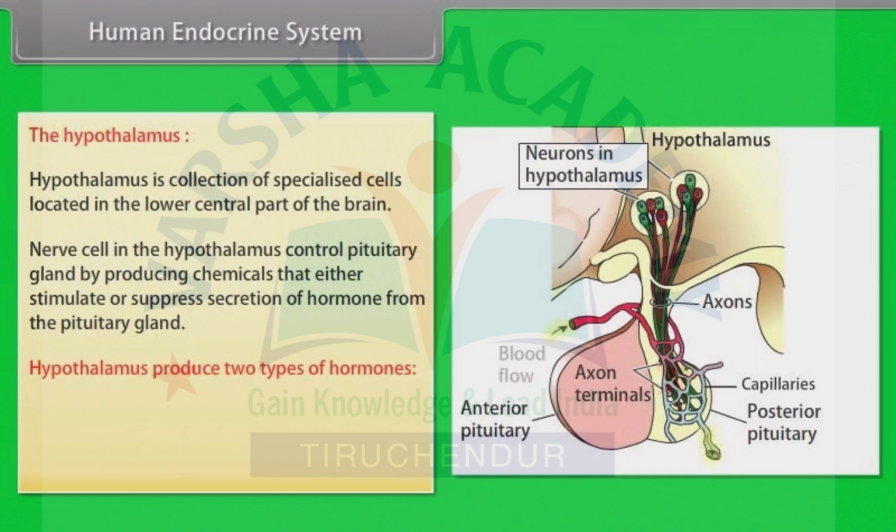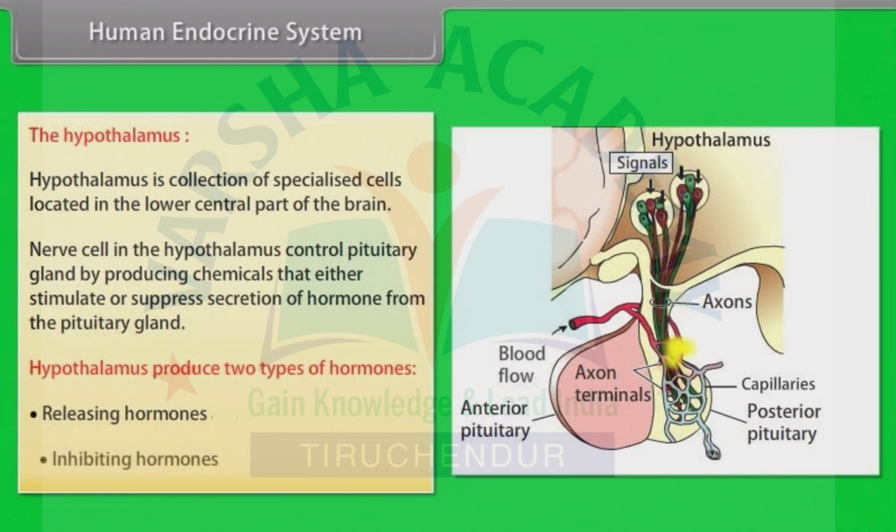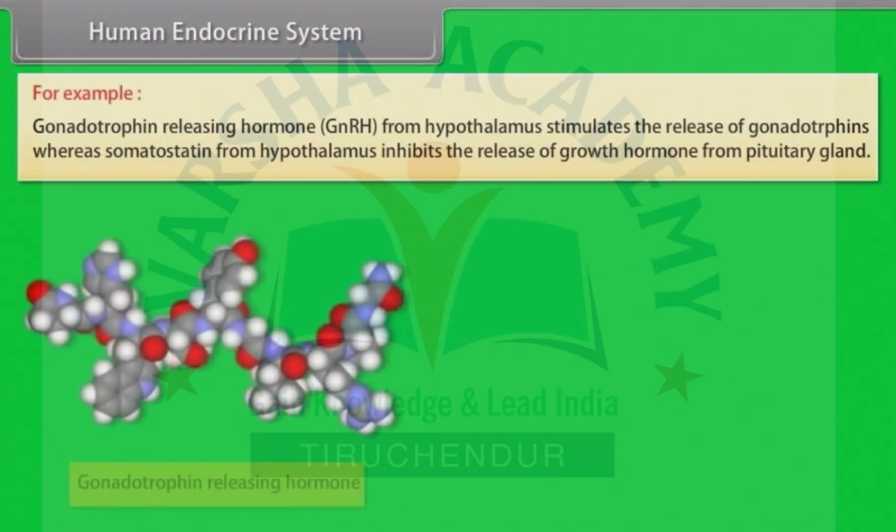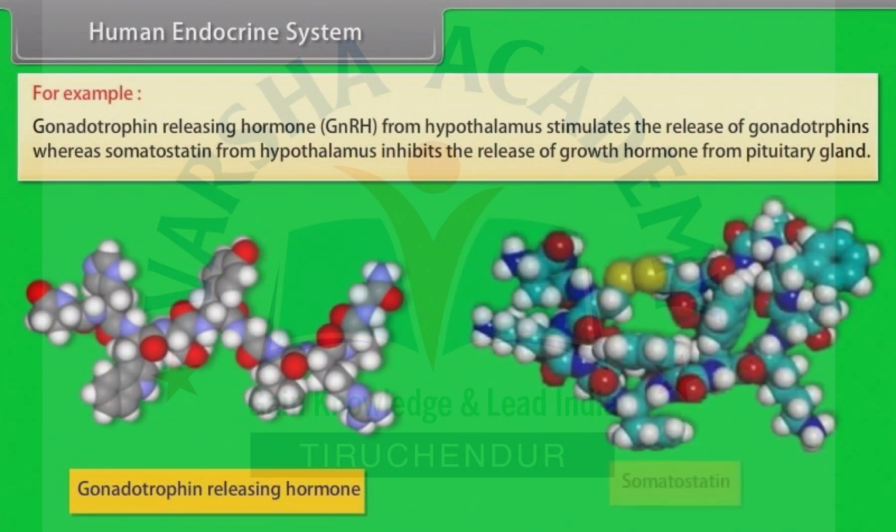Hypothalamus produces two types of hormones: releasing hormones and inhibiting hormones. For example, gonadotrophin-releasing hormone from the hypothalamus stimulates the release of gonadotrophins, whereas somatostatin from the hypothalamus inhibits the release of growth hormone from the pituitary gland.